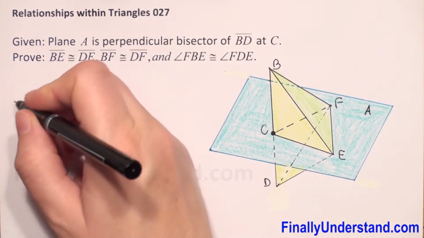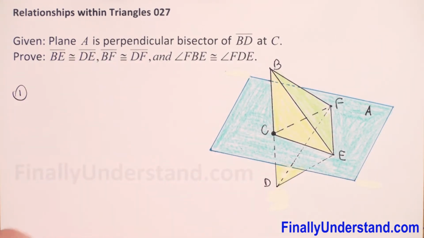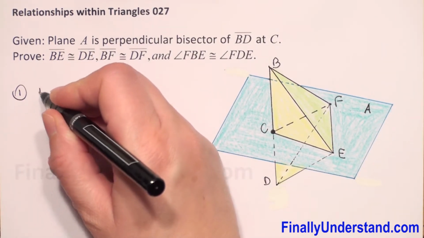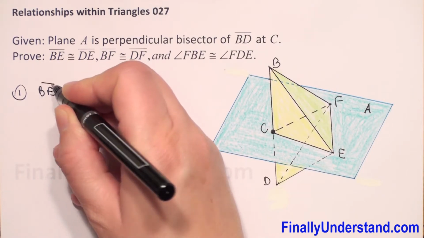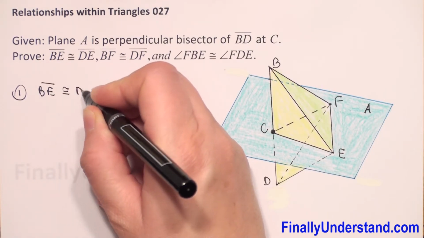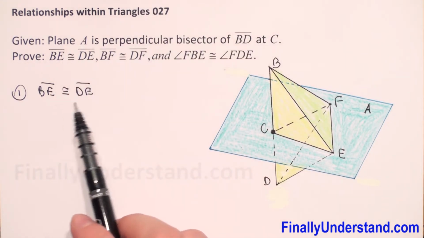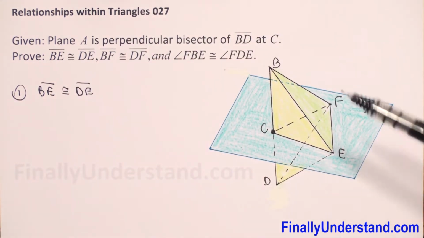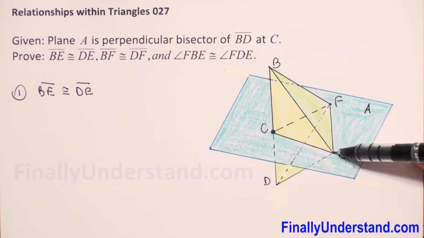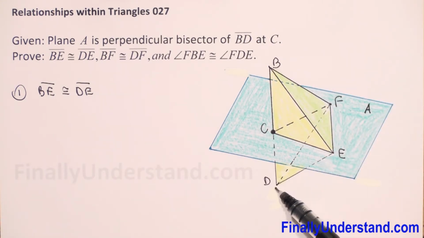So let's put that. First is that segment BE is congruent to DE. We have to prove this statement. BE segment is congruent to DE segment.